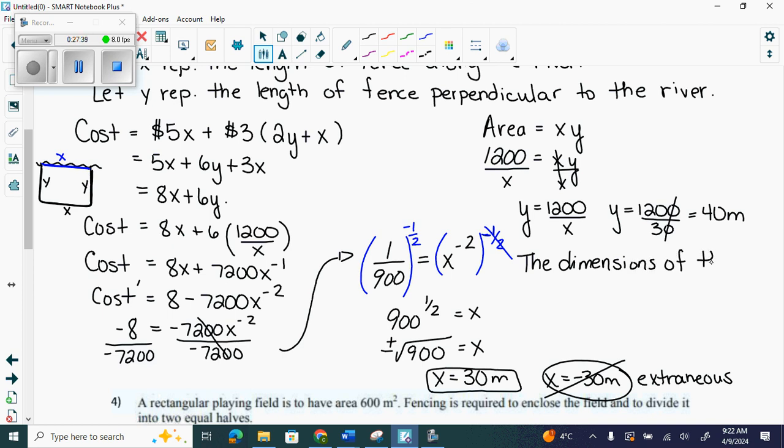The dimensions of the field that are least expensive are 30 meters by 40 meters.